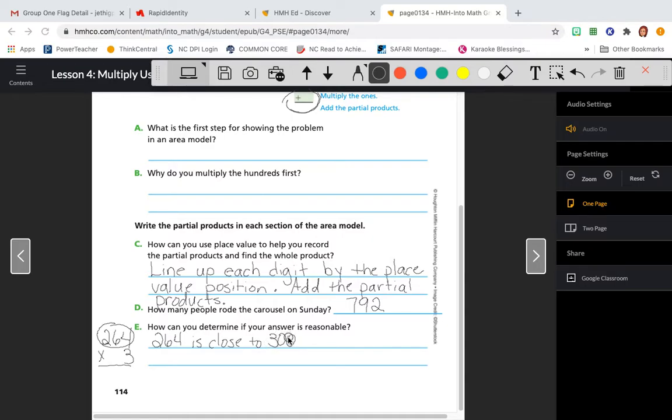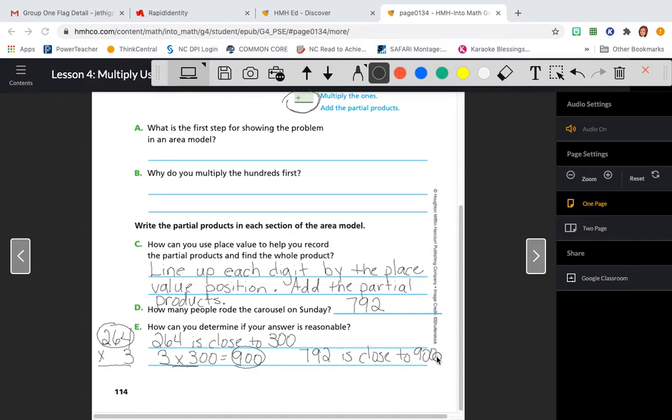And then I can multiply 3 times 300. And we know our basic fact, 3 times 3 is 9, add 2 zeros. So my estimate is 900. 792 is close to 900. So I can say that my answer of 792 is a reasonable answer because it is close to my estimate of 900. So you are using skills that we've taught you before on these new lessons.